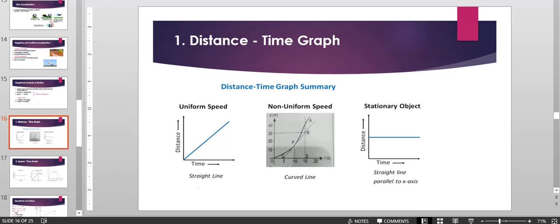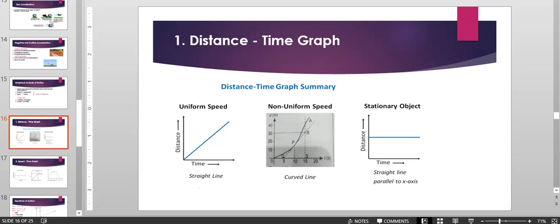The first graph shows a uniform speed of an object. The speed of an object is said to be constant if it covers equal distance in equal intervals of time, as we have discussed earlier. Its slope gives the speed of the object.